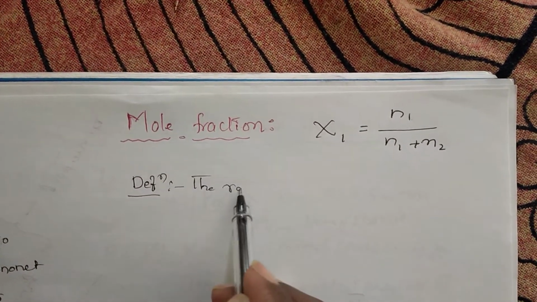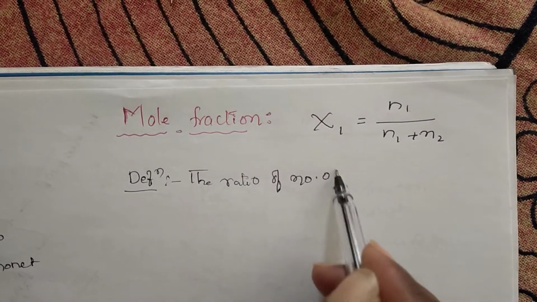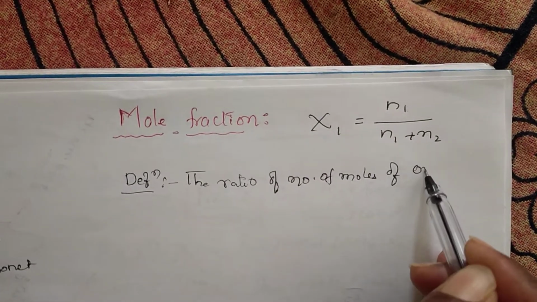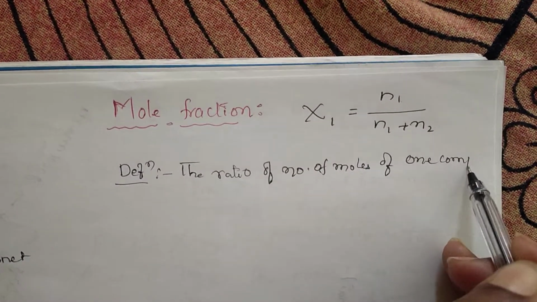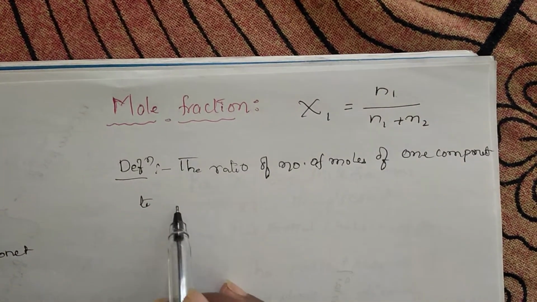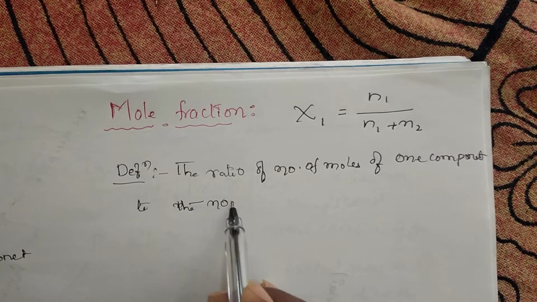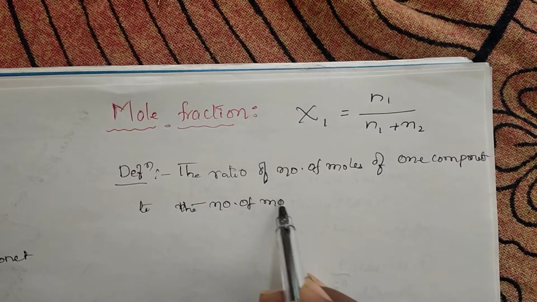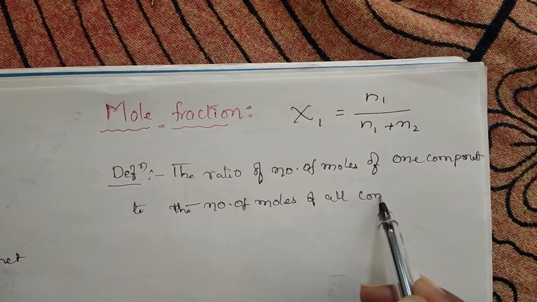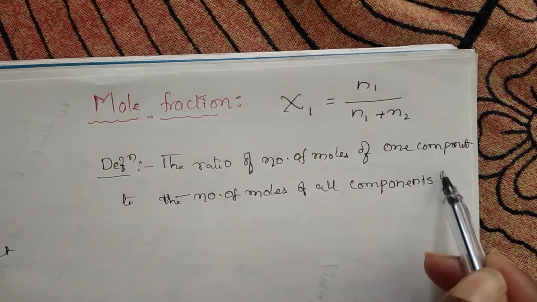This is the ratio of the number of moles of one component to the number of moles of all components in the solution.